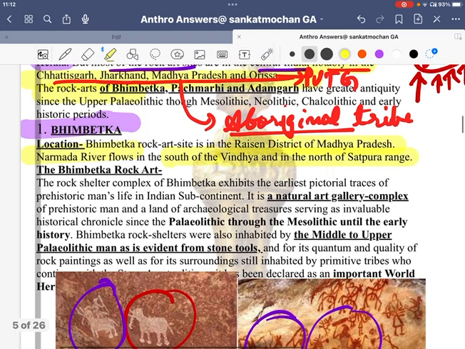Bhimbetka rock art. The rock art shelters of Bhimbetka exhibit the earliest pictorial traces of prehistoric man's life, or you can say ancient man's life, in the Indian subcontinent. It is a natural art gallery complex of prehistoric man. Natural art gallery because they didn't use any artificial color.